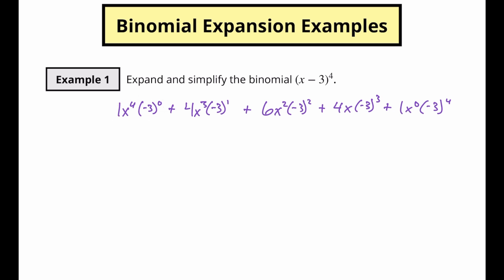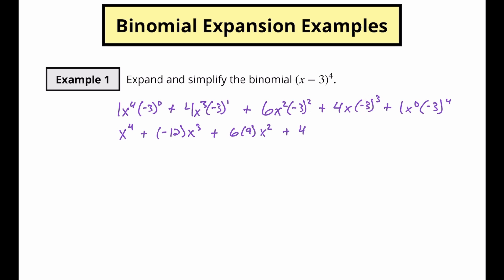So we've got x to the fourth times negative 3 to the 0 power. Well, of course, negative 3 to the 0 power is just 1. We don't need to include this 1 right here, so we're just left with x to the fourth. Then we've got 4 times negative 3, so we're going to have negative 12x cubed, and then we're going to have 6 times negative 3 squared, so that's 6 times 9, which is 54x squared, and then we're going to have 4 times negative 3 cubed.